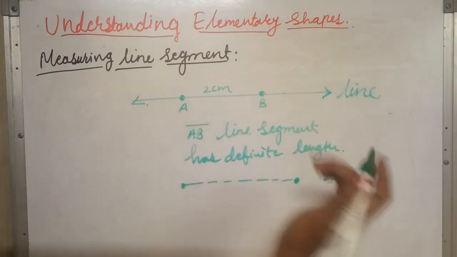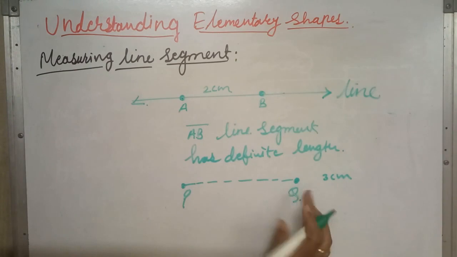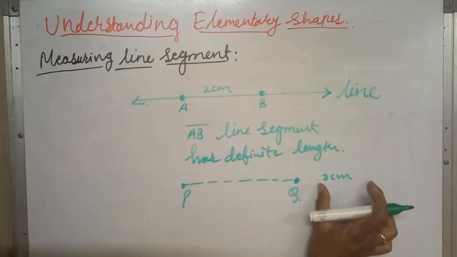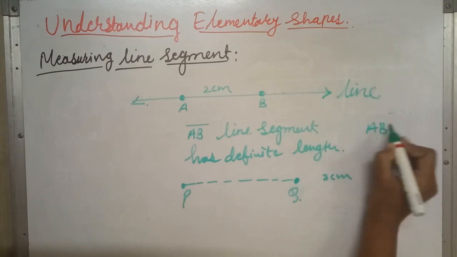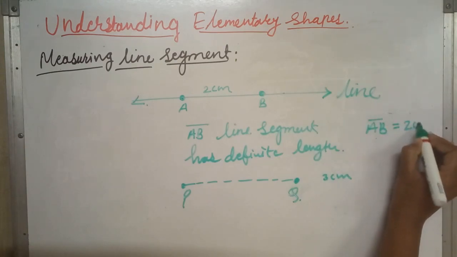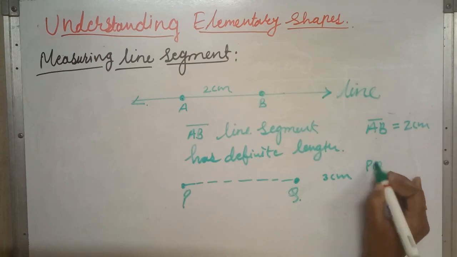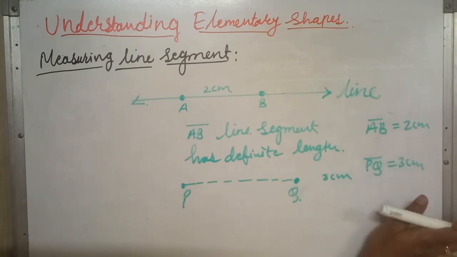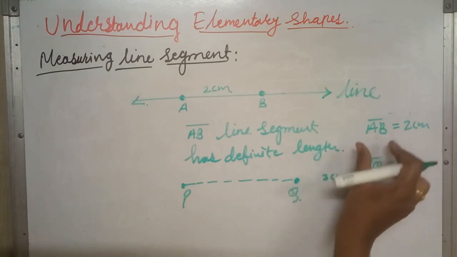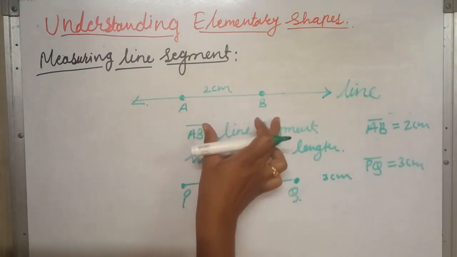Means I can say this, if this is PQ and the measurement of that is 3 centimeters. So what can I say? Line segment AB is of 2 centimeter and line segment PQ is of 3 centimeter. Now it is fixed. PQ is 3 centimeter, fixed for this diagram. AB is 2 centimeter, fixed for this diagram.